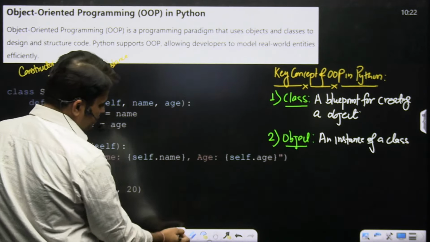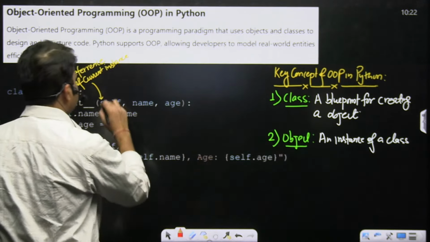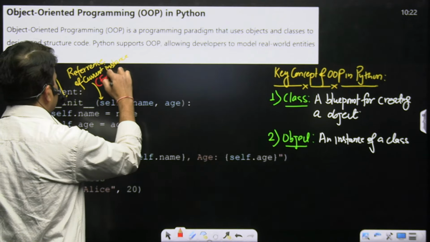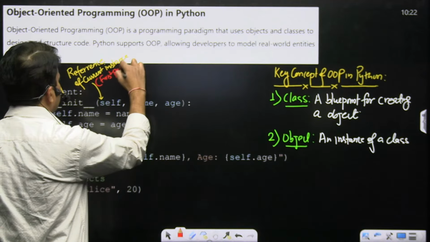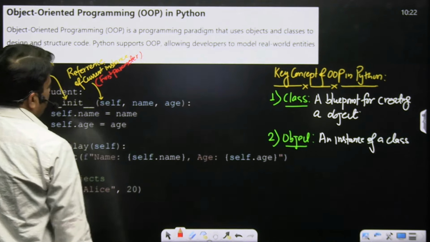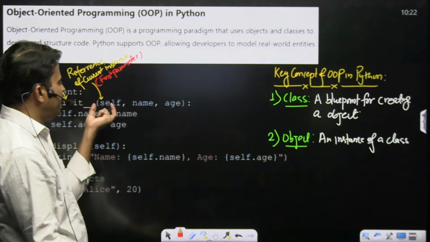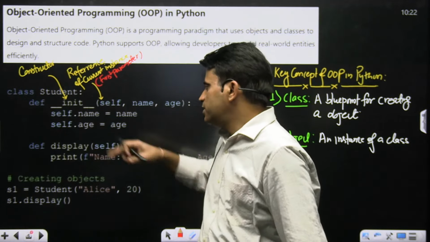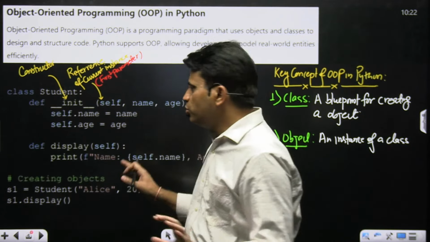And it must be the first parameter. You can write any name here. It is not compulsory that you write self; you can write x, y, z, w, Sonu, Monu, Golu, whatever you need.